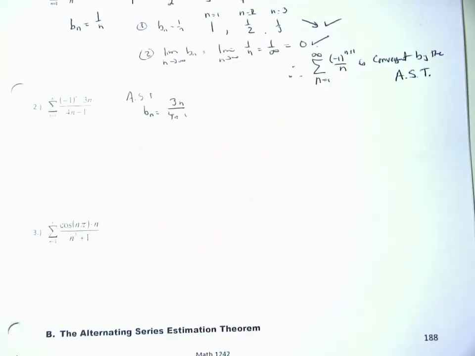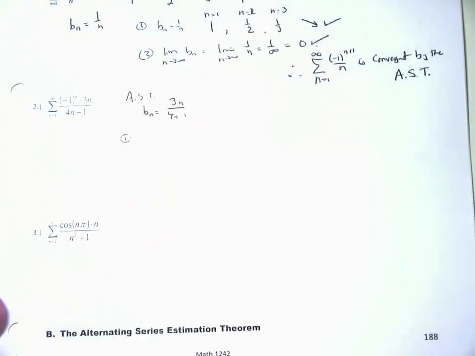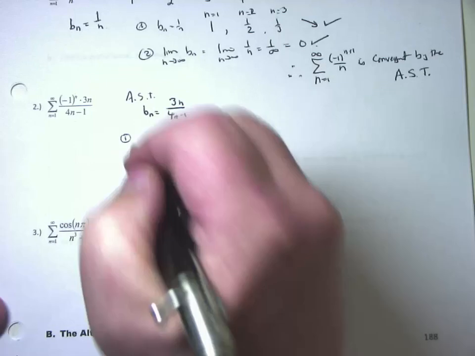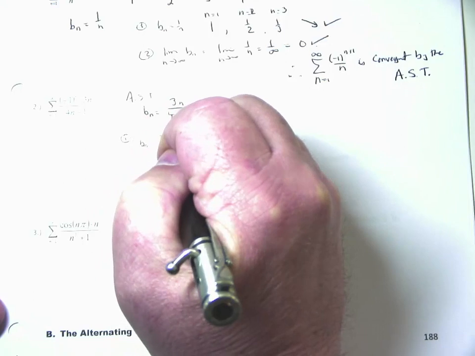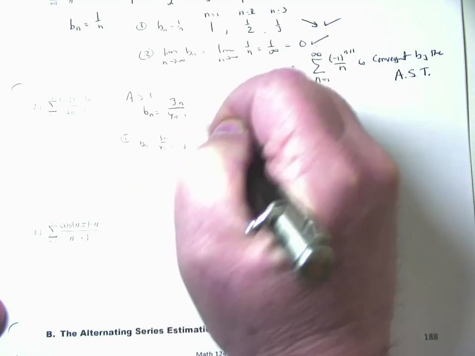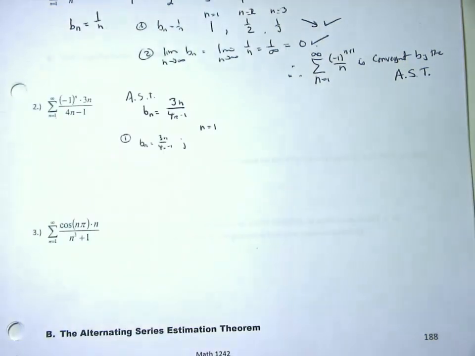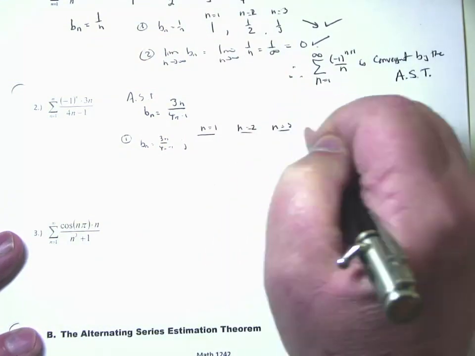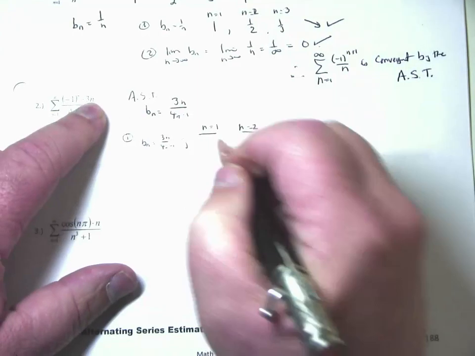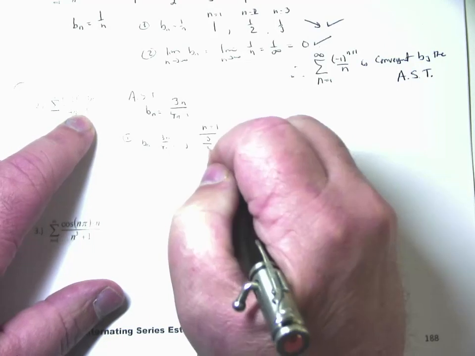We're trying to prove this is either going to converge or diverge. The first thing I'm going to do is test to make sure the terms are decreasing. bn is equal to 3n over 4n minus 1. I show decreasing by plugging in values, starting at n equals 1, then n equals 2, then n equals 3. Plugging in 1: 3 times 1 is 3, over 4 times 1 is 4, minus 1 is 3, so 3 over 3.